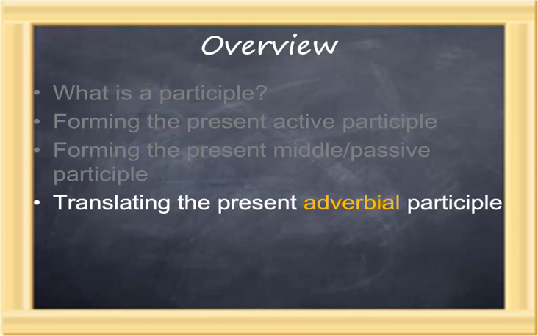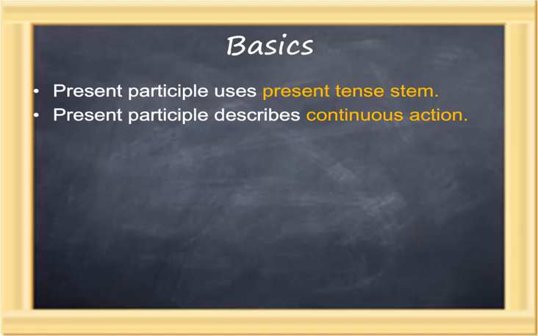Now we turn to translating the present participle. In this lesson, we will focus on adverbial participles only. We'll leave adjectival participles for a future lesson. First, some basics. The present participle uses the present tense stem. So when you see a participle, if it has a present tense stem, it's a present participle. And the present participle describes continuous action.